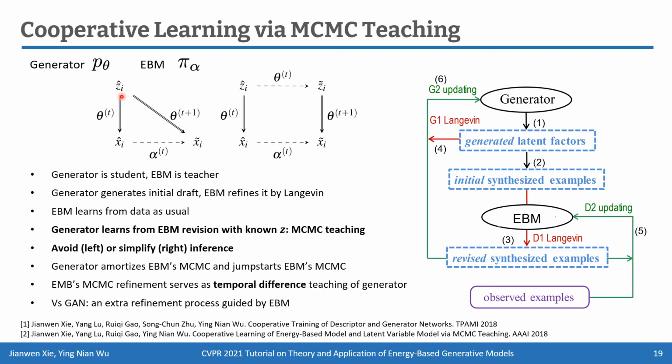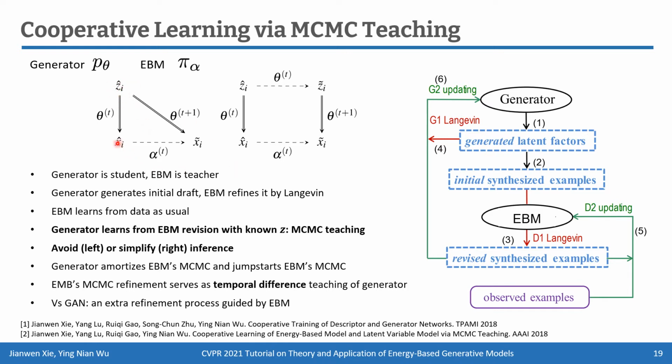What's the advantage of this learning method? The reason is that this zi hat is known. In this generation scheme, for this xi hat and xi tilde, we actually know zi hat. So we just let the known zi hat reconstruct xi tilde instead of xi hat, so that we can refine or improve the generator model. This way, we don't need the Langevin dynamics to infer this latent zi, because we know this zi.